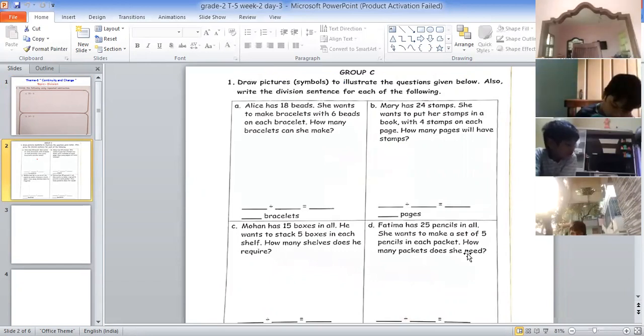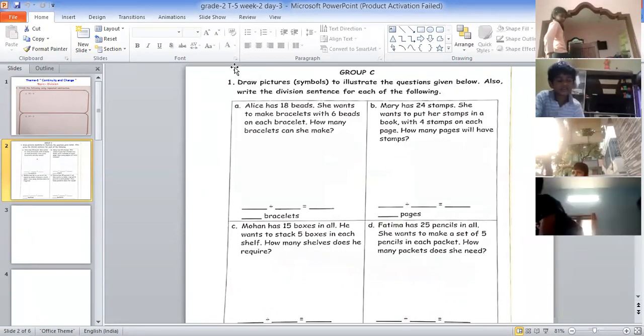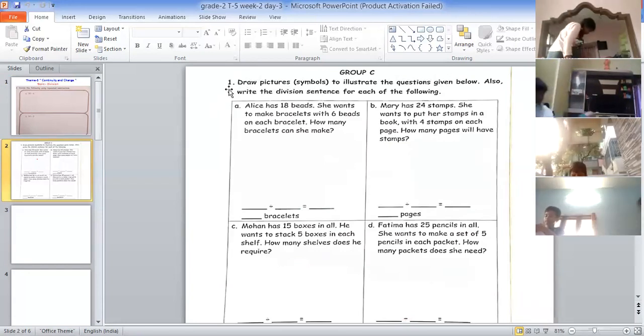Akshaj, will you please read this question for us? Akshat, sorry to interrupt in between. I want you to read the question, that is, draw pictures or symbols. Read from there.